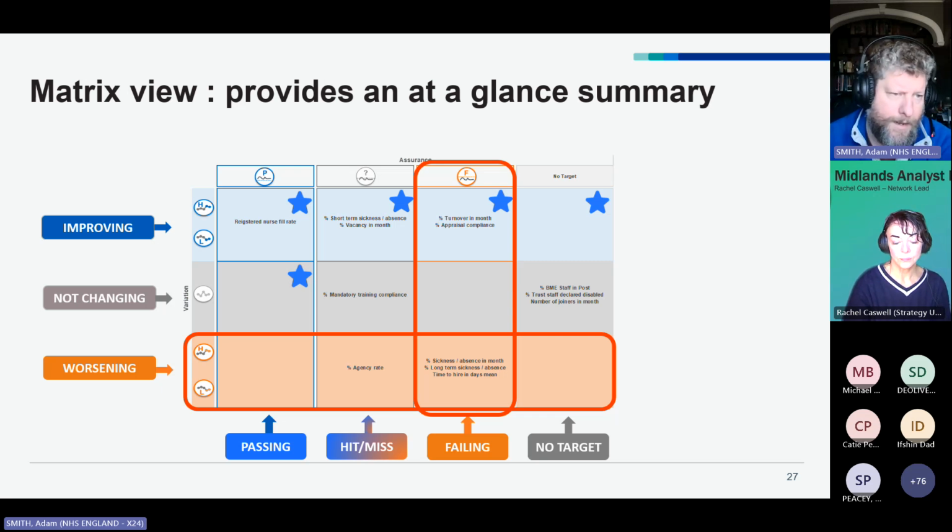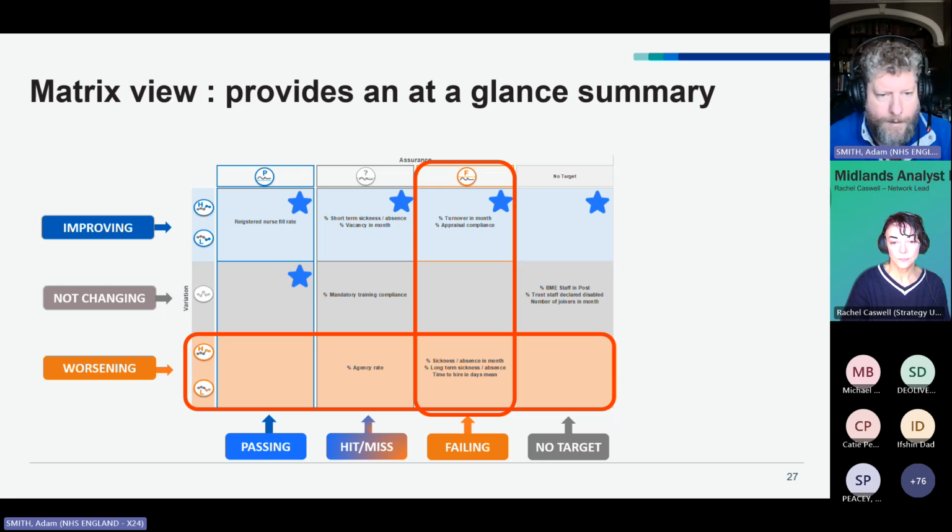And what this is doing is really placing measures and metrics into different boxes. So we can see top row is improving, middle row is common cause not changing, bottom row is deteriorating, etc. And really, we want to be looking at where the metrics are, and it gives us areas to focus on and think about when we maybe want to improve some things and do some work.